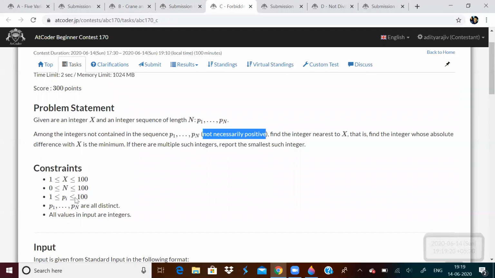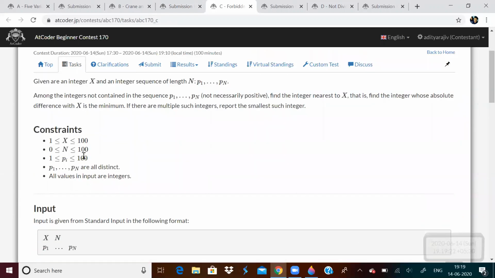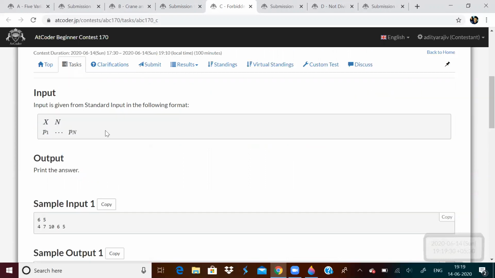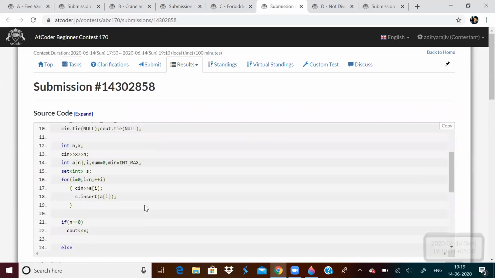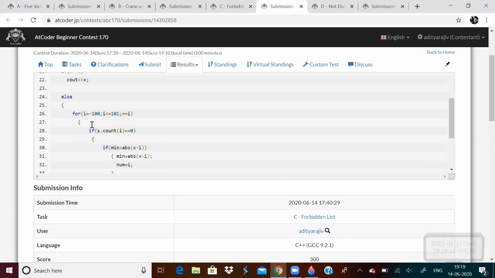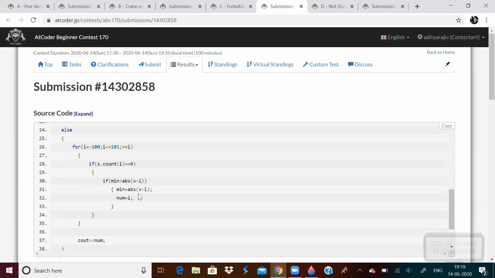But if you look at the constraints, it's very simple, like only 100. And each p of I can take a maximum value of 100 only. So what do we do? I just ran a loop from minus 100 to 101.